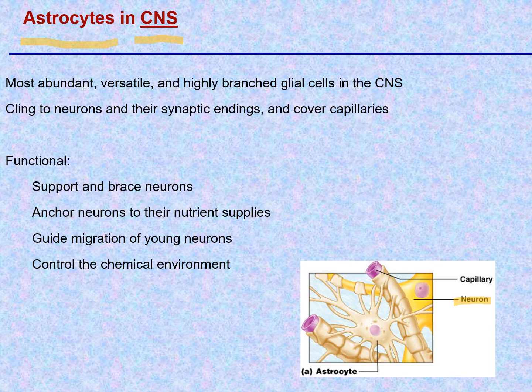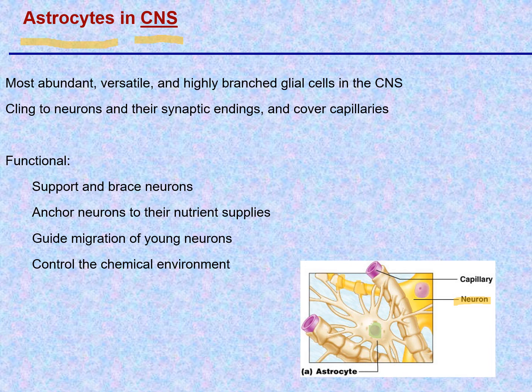And the astrocyte, which is here, I'll just label the nucleus of the astrocyte. The astrocyte pictured there also wraps around these extensions of the neuron. Essentially, they're supporting and bracing. They're anchoring the neurons to the nutrient supply coming from the capillaries, the blood vessels.